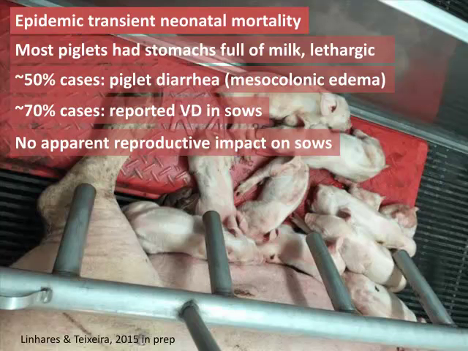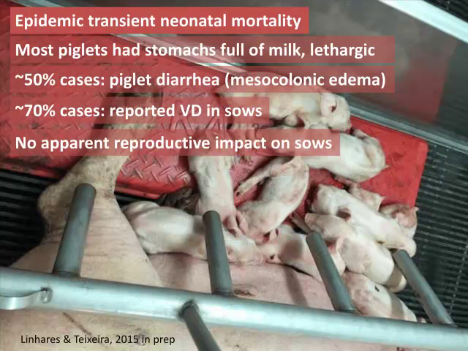In about half of the cases, as you may have noticed from some pictures here, there is some diarrhea going on, but not in all cases. Diarrhea is a frequent finding, along with mesocolonic edema, with detection of C. diff.